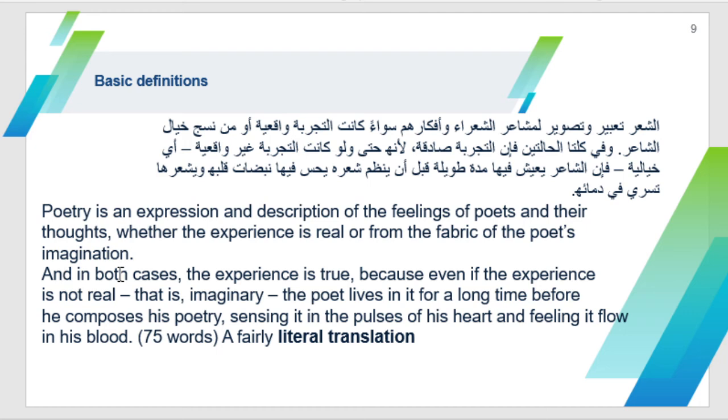For example, and in both cases, وفي كلتا الحالتين, the experience is true, because even if the experience is not real, وفي كلتا الحالتين فإن التجربة صادقة، لأن حتى لو كانت التجربة غير واقعية أي خيالية، فإن الشاعر يعيش فيها مدة طويلة قبل أن ينظم شعره، يحس فيها بنبضات قلبه ويشعرها تسري في دمه.